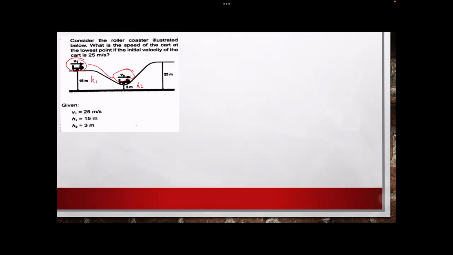Now, solution, again, gamit tayo ng mghi plus 1/2 mvi squared is equal to mghf plus 1/2 mvf squared. So let's consider na mawawalan tayo ng mass. Ang hinahanap natin is yung V2.